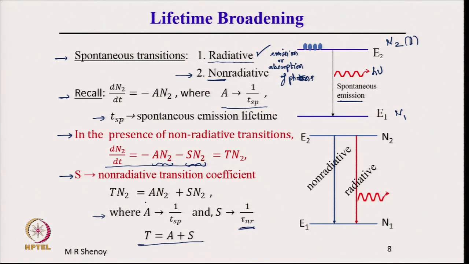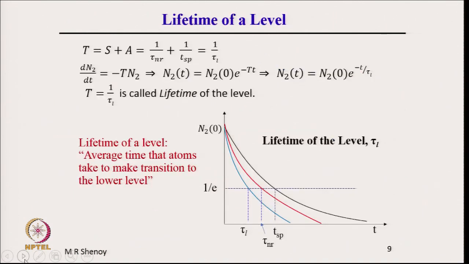Please note that A and S must have the same dimensions. A is 1 over time, therefore S is also 1 over time, a non-radiative lifetime, which we designate as tau nr. Then we have 1 by T equal to 1 by TSP plus 1 by tau nr.